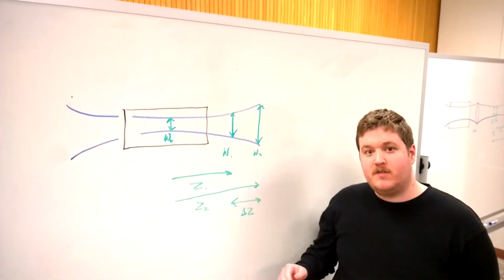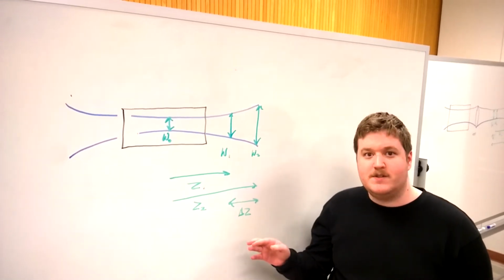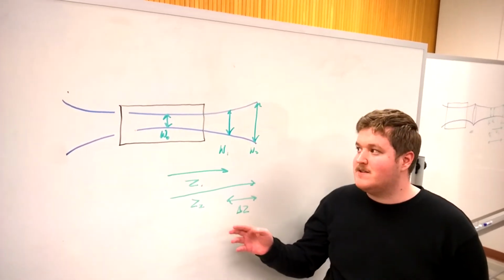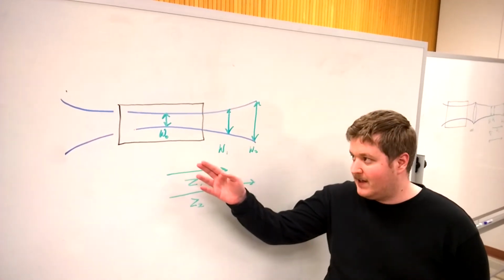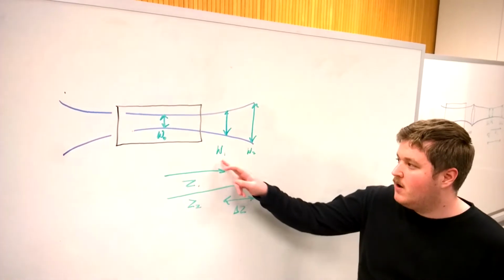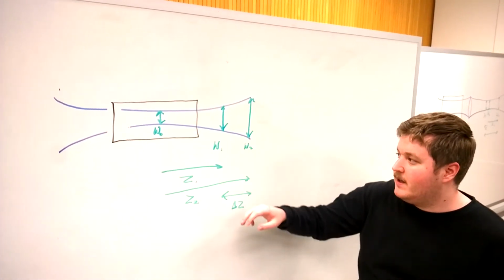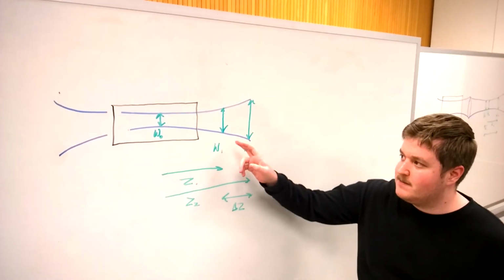Okay, so for the first part of the lab, what we're trying to do is measure the beam waist of the laser. The problem is that the beam waist is actually inside the laser and therefore inaccessible. So what we have to do is measure two widths of the beam outside of the laser, and in this particular setup they're on the same side.